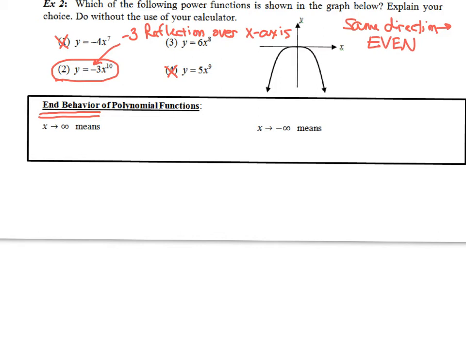X arrow infinity just means as the x values, and of course we know our x values to be the inputs, are getting very large.